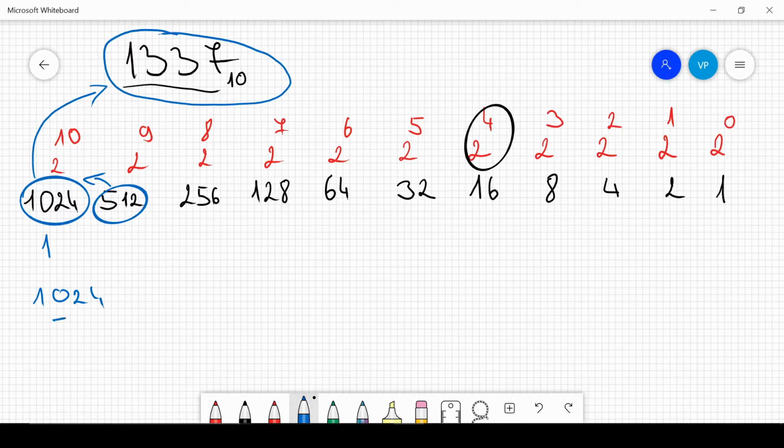So we add 512. 2 plus 4 is 6, 1 plus 2 is 3, 5 plus 0 is 5, 1. And number 1536 does not go into 1337 since it's too large. We delete this and we write 0 under our 512.